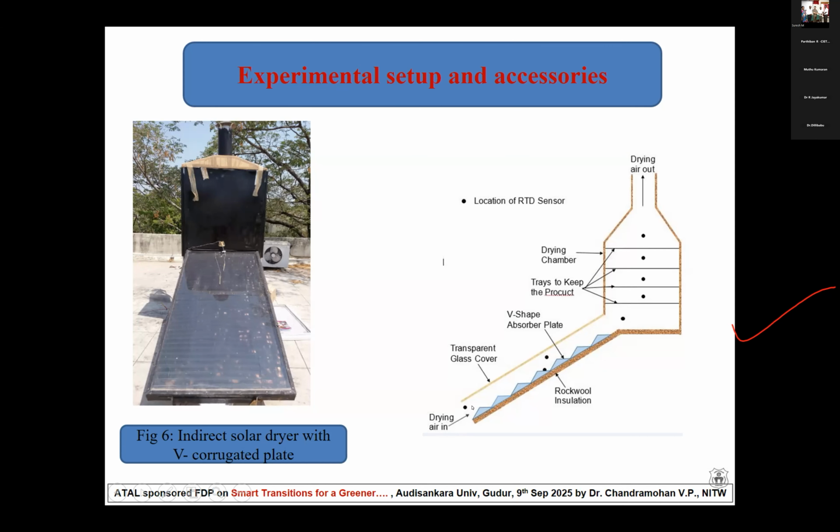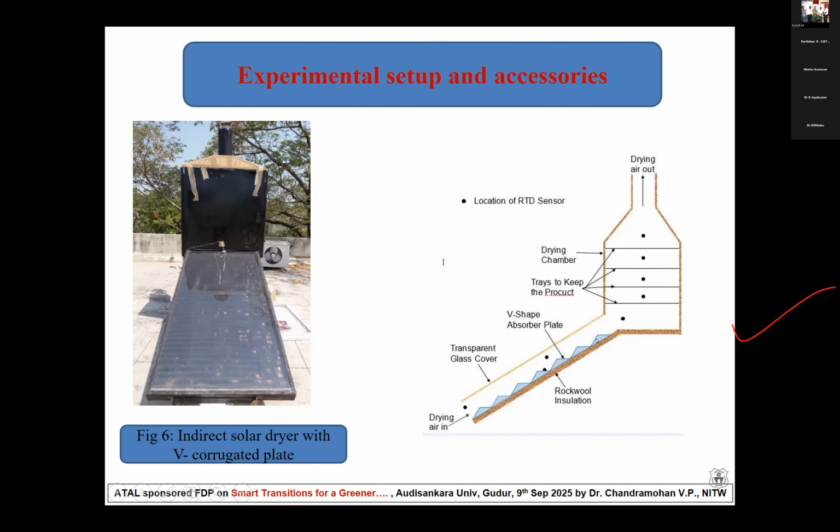And then another one is this corrugation always provides some air turbulence. Since the air turbulence will be there, the air temperature inside this SAC tunnel, this rectangle tunnel, is almost like a uniform temperature because the air mixing takes place very perfectly.